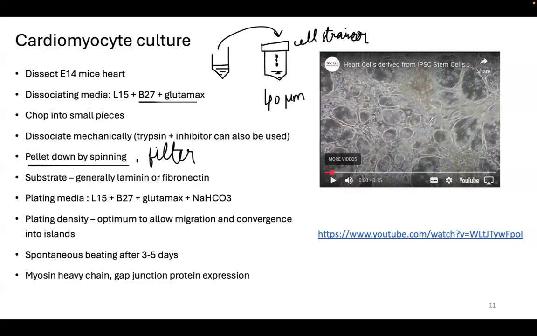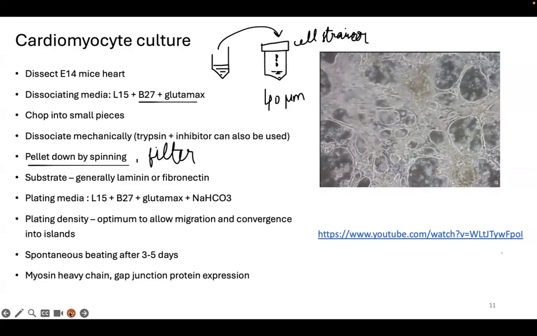Of course, you can look at these waves in terms of their functionality, the calcium wave, the actual phenotype of beating, and all of that. So that's how you can check if your cardiomyocyte culture is working. So yeah, that's about it for the purpose of the discussion.